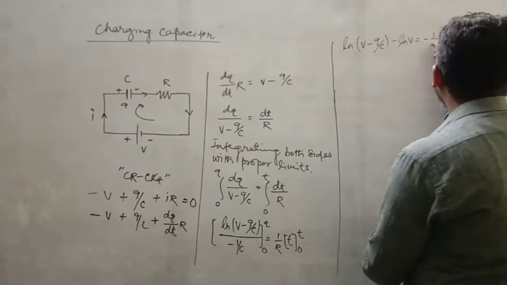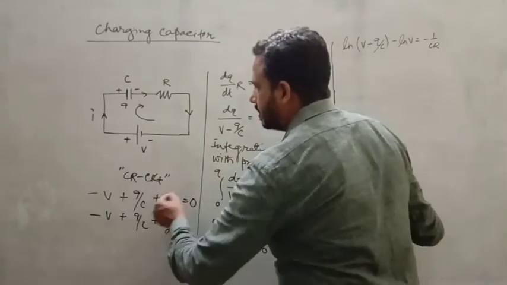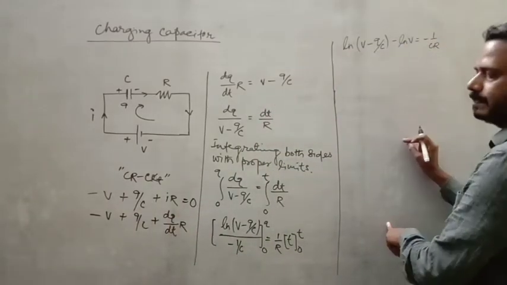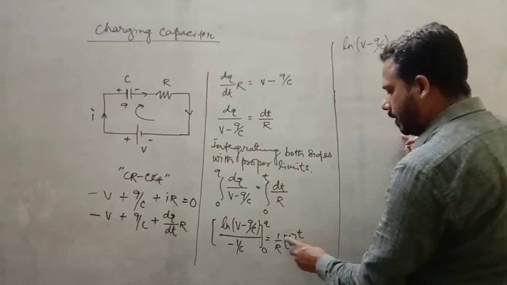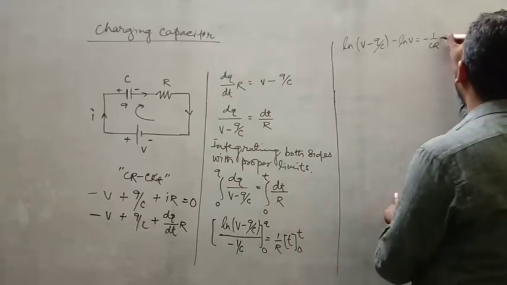See, this one is CR, and that is called the CR circuit. And this is called the time constant also. Now, whenever you put the limit of t minus 0, from 0 to t, this one is t.